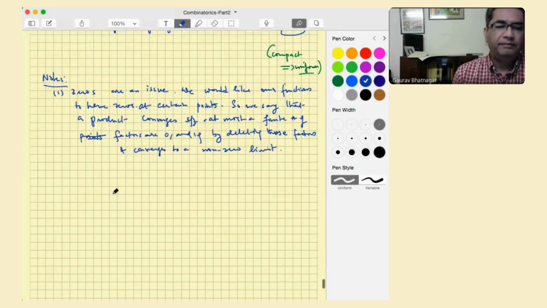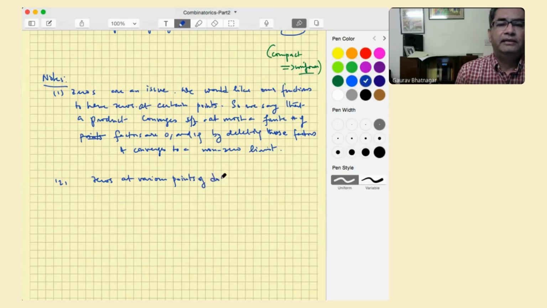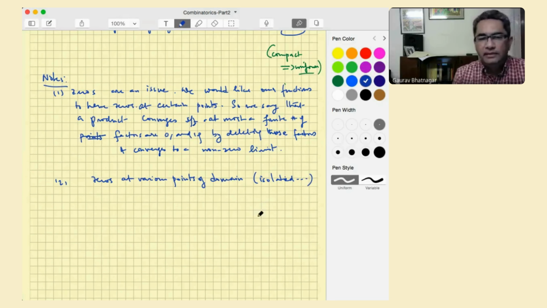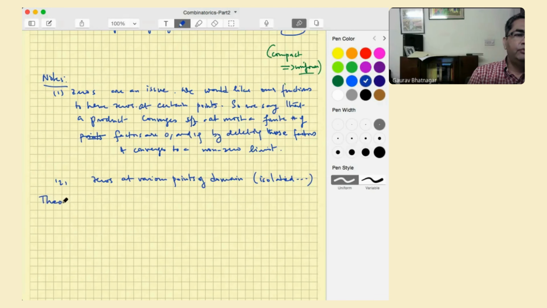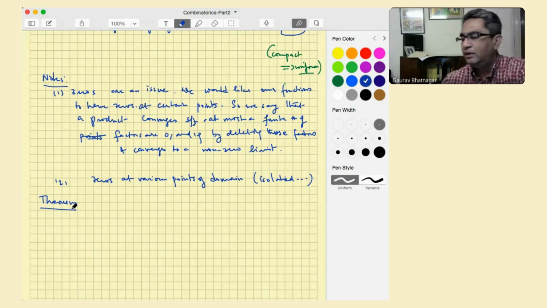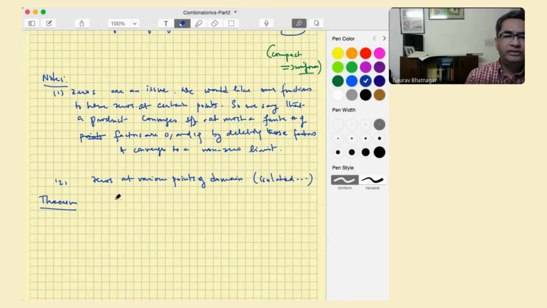Okay, and then there are other things. I mean, the zeros at various points of the domain. So, you have some theorems there. Anyway, so these are issues to handle and to figure out what to do with the zeros, and we'll see some examples immediately.